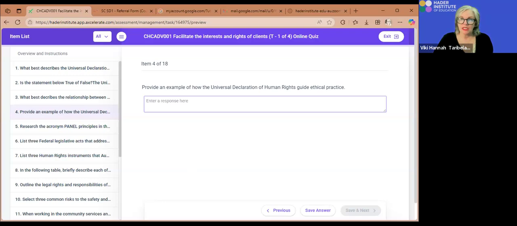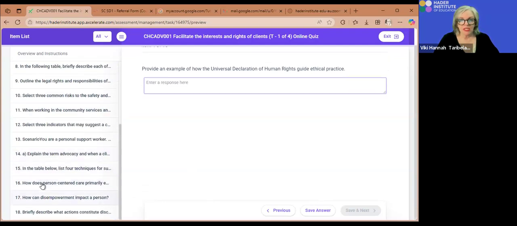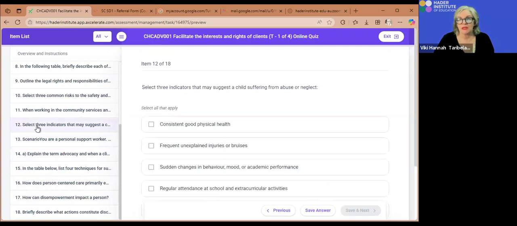Your learner's guide is based also around tasks 1, 2, 3, and 4 to help you. All up, there are 18 questions. Some will automatically be marked, and you might end up getting 17 out of 18 correct, and number 12 might be the one that you get stuck on.